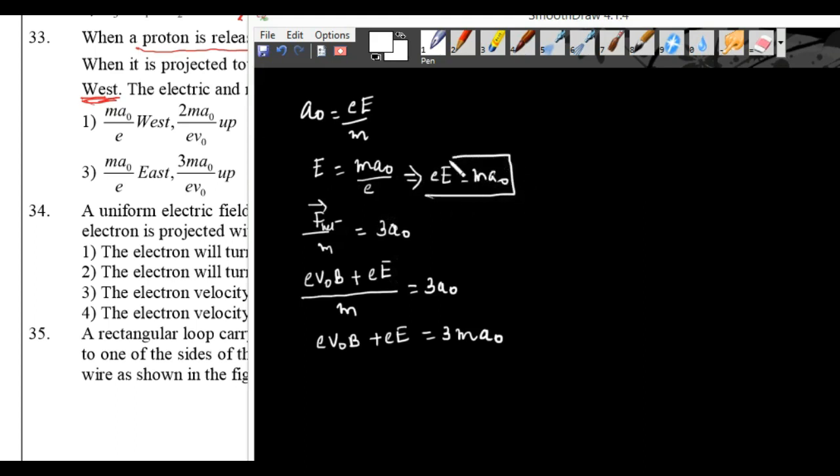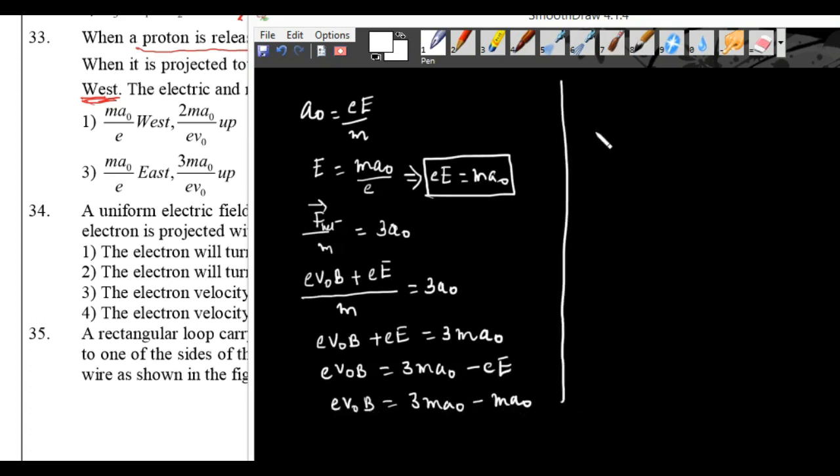So I will use this condition here. e v naught B is equal to 3 m a naught minus eE. But eE is equal to m a naught. So 3 m a naught minus m a naught is equal to e v naught B. So e v naught B is equal to 2 m a naught.